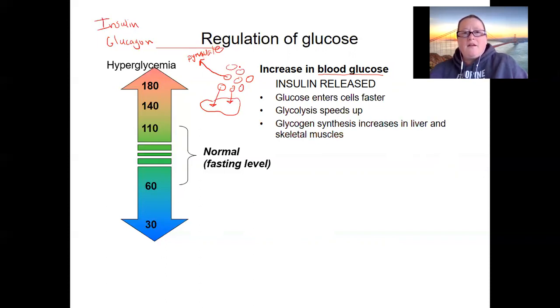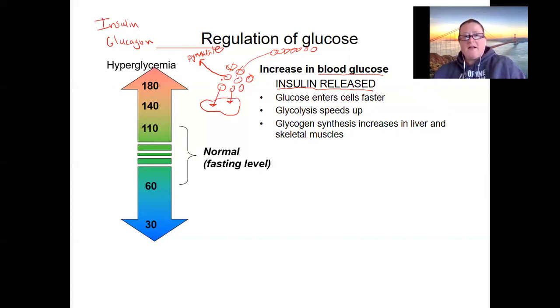Or it takes the glucose out of the blood and starts to store it as glycogen in our liver and skeletal muscles. So we've got three mechanisms, all triggered by the release of insulin. Our cells start using up that glucose faster. That removes it from the blood, so it enters the cells.